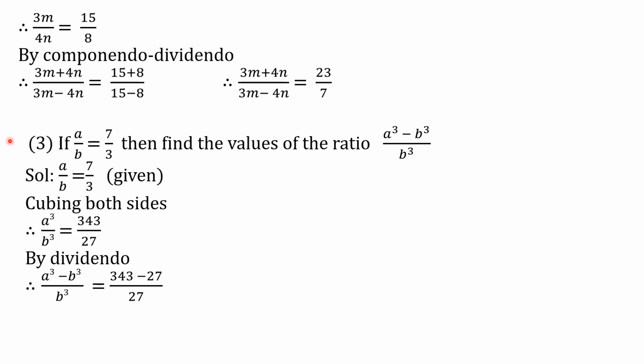Now I'll solve. 343 minus 27, you'll get 316 upon 27. So this is the answer for the expression. We'll write it in ratio: a cube minus b cube upon b cube is 316 is to 27. Moving to the next sum, students.